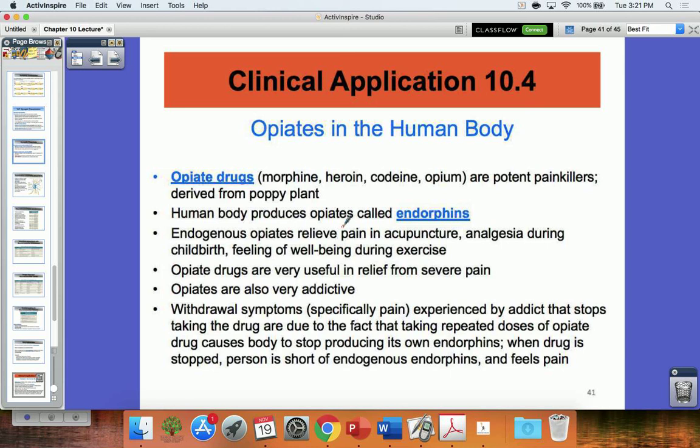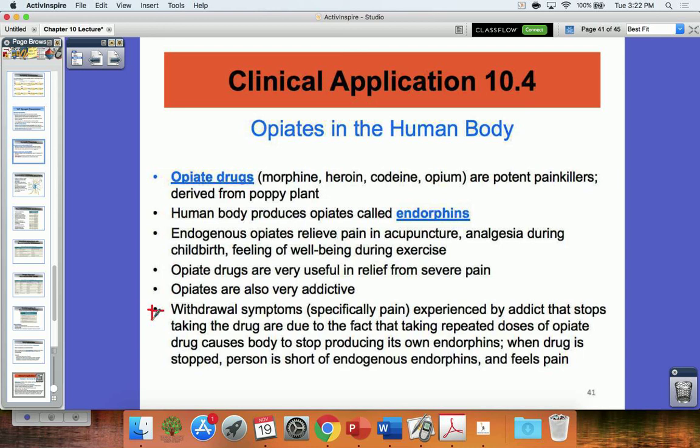What happens when people take opiates for pain, which a lot of times is perfectly fine because that's what doctors prescribe, but what happens when we abuse them is that our body, and that's what this very last bullet is referring to, becomes accustomed to these opiates to do the job that our natural endorphins are supposed to do.